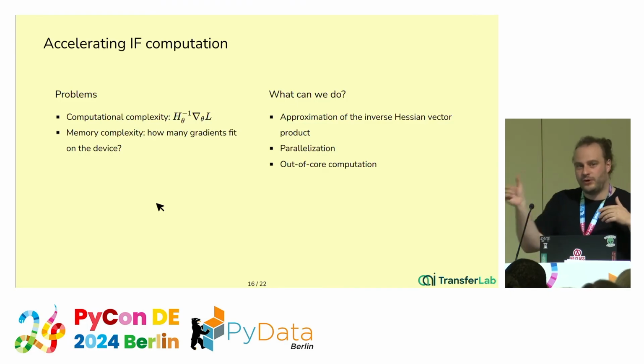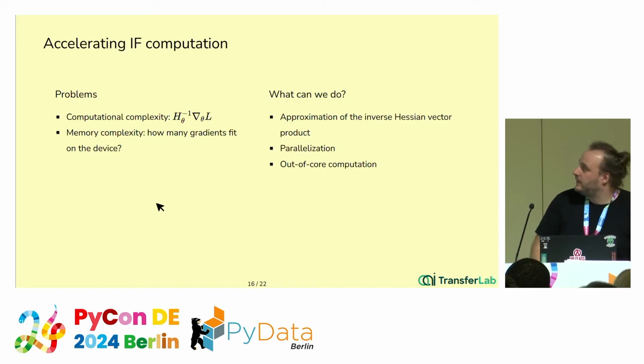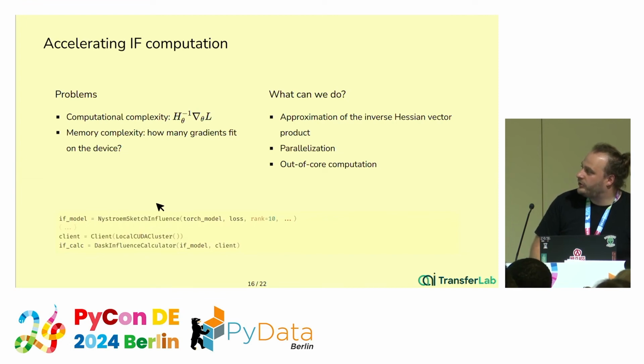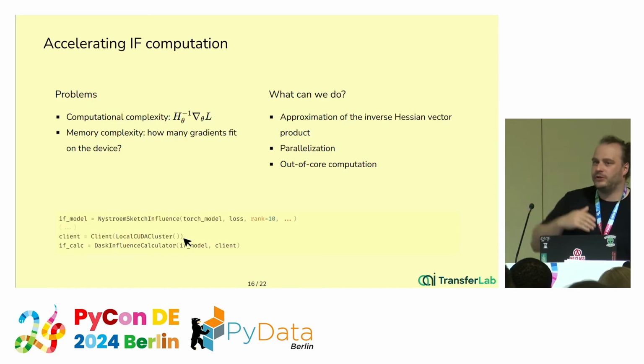We said it's point-to-point and independent. Then change your approximation, your mapping, your calculation. For example, if you have a workstation like a DGX with several GPUs, then you could compute it like this, providing the client for your local cluster.